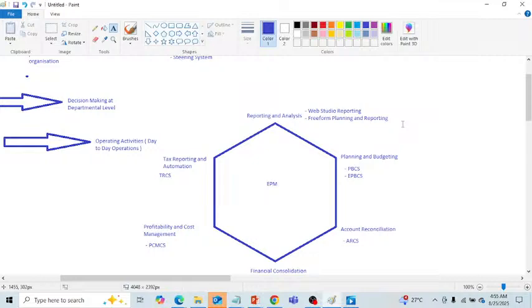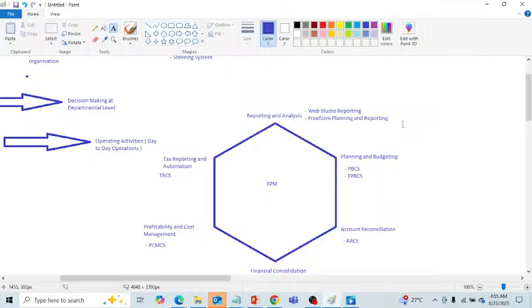So you can see how comprehensive the EPM concept is, and how useful the products are for the organization in planning, forecasting, and other operations, so that any management wants to adopt and build in that solution in their organization and institution.